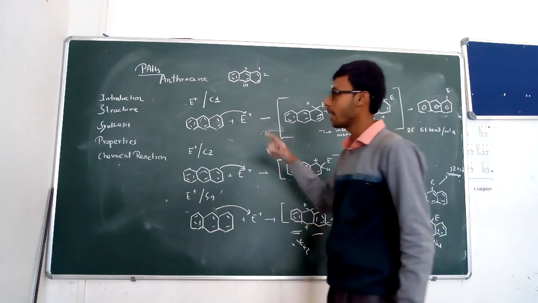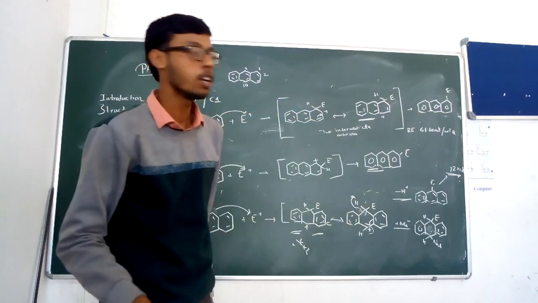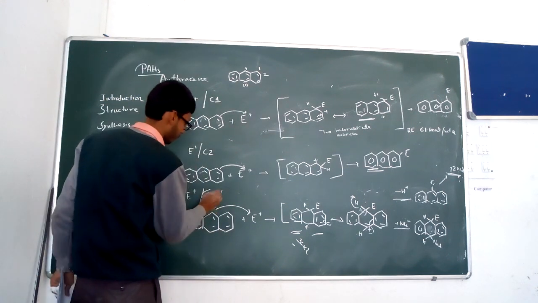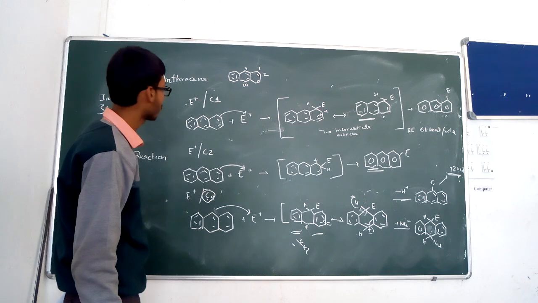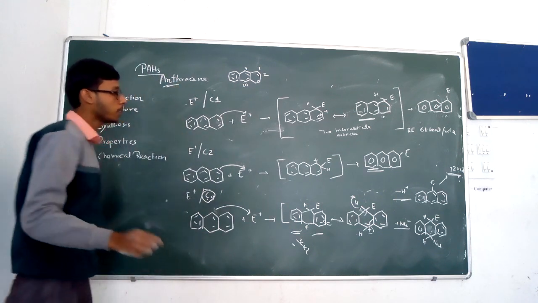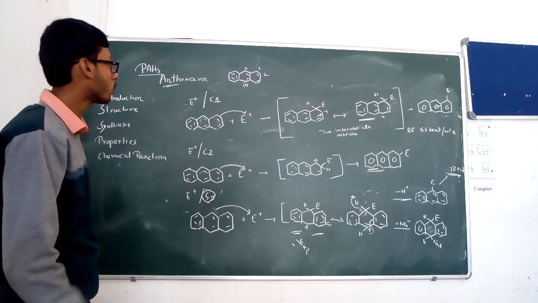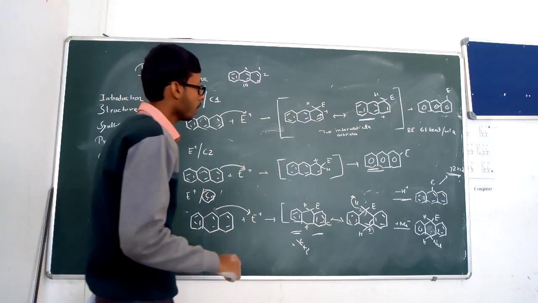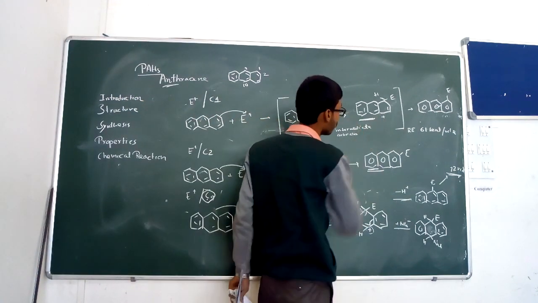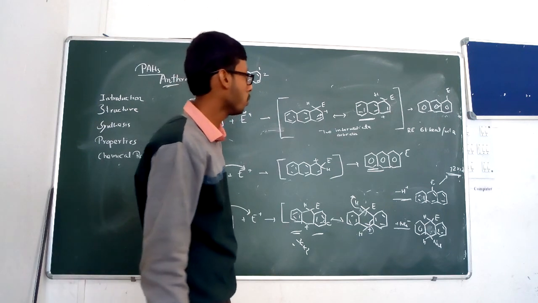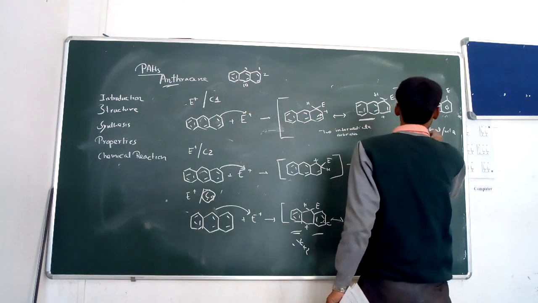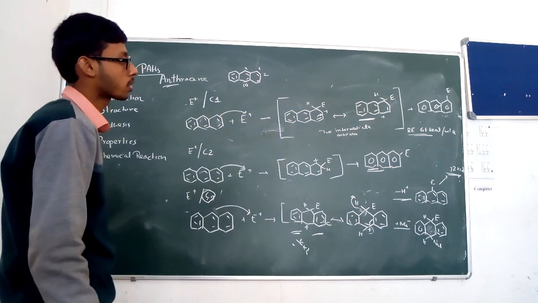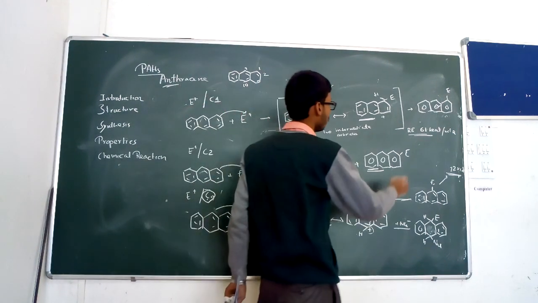That is the reason anthracene is normally susceptible to electrophilic substitution at the C9 position. In the case of C1 and C2 attack, I repeat, the naphthalene molecule is retained, and you know the naphthalene is less stable, having 61 kilocalories per mole.